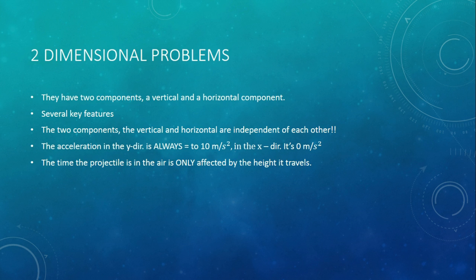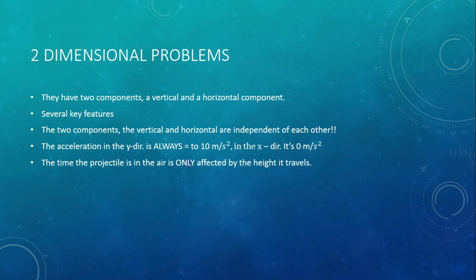The time the projectile is in the air is only affected by the height. So it's only affected by how high it is. For example, if you have a bullet shot out of a gun, and they're at the same height, and you fire the gun and drop the bullet at the same time, they will hit the ground at the same time.